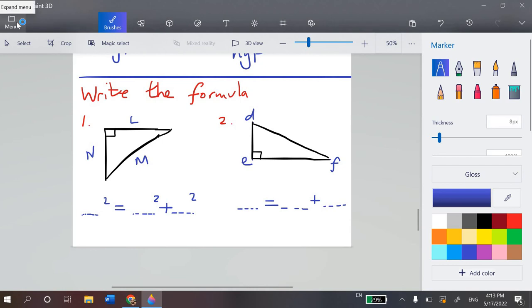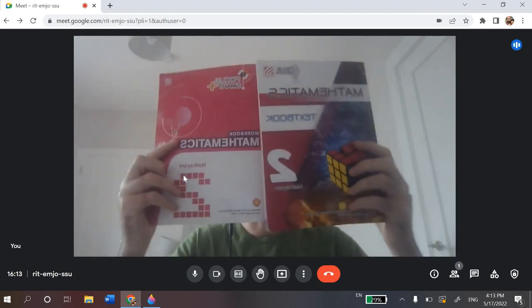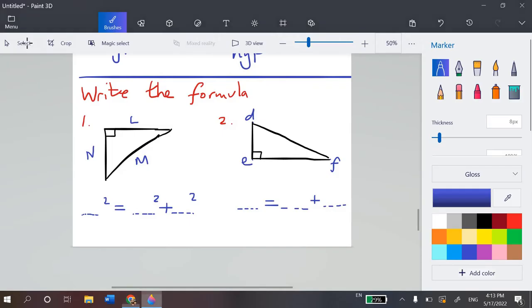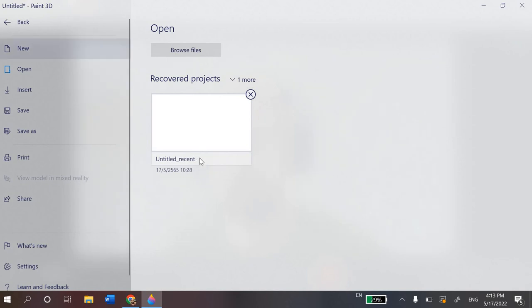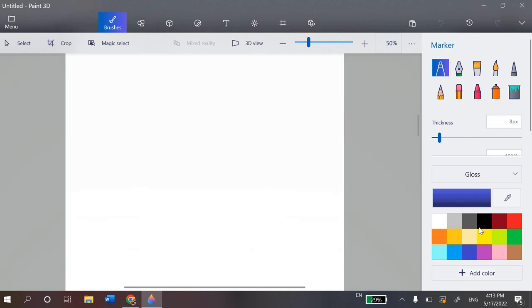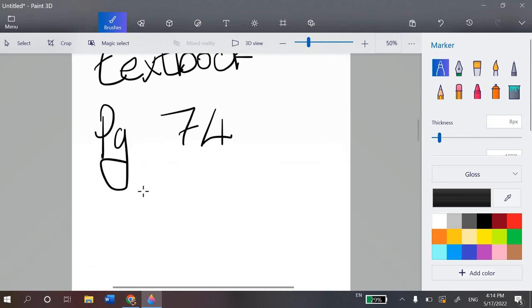Okay, and then the last thing for today. I'll give you your homework. So you should have both of these books, okay, or M2 books. First one, it's going to be textbook, page 74, question 1 and 2.